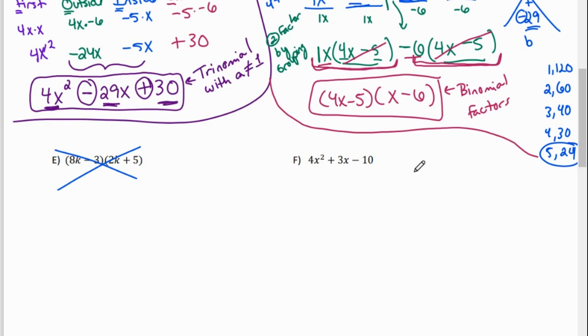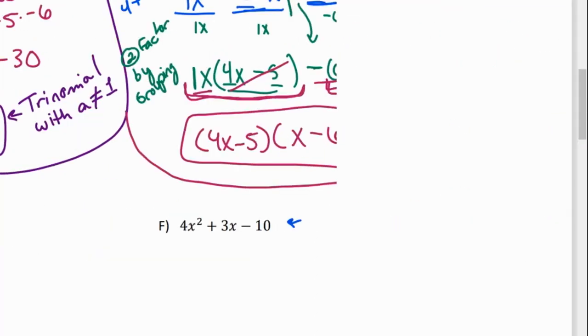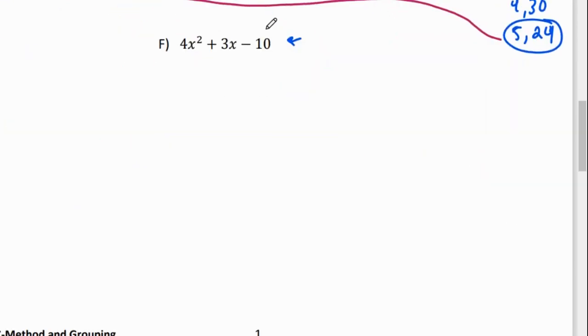So when you are given this type of a trinomial, look at, first of all, does it have any common factors? Are there any common factors that you can factor out of all three terms? So are there any factors that 4, 3, and 10 have in common other than 1?